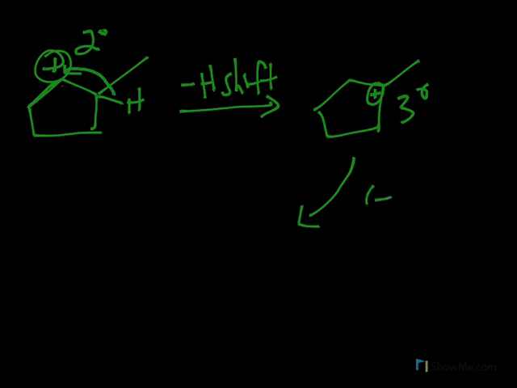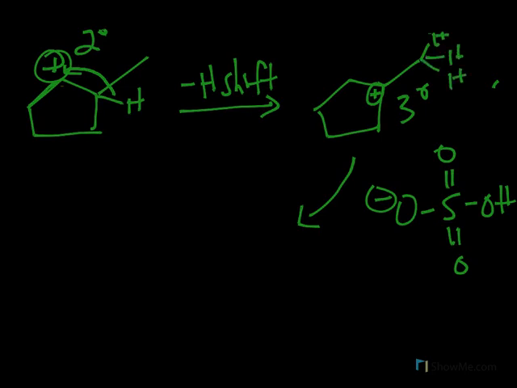So now we bring in our conjugate base here from our sulfuric acid. This is going to be that. And now any one of these hydrogens here is going to be up for grabs.